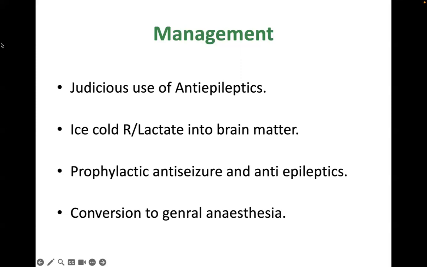Thank you. The management of anti-epileptics starts right from the preoperative period, where you have to assess what kind of seizure the patient is having, either generalized tonic-clonic, isolated, or absence seizure. The best treatment is to start anti-epileptics preoperatively. In the intraoperative phase, the treatment of an intraoperative seizure is to insufflate ice-cold Ringer's lactate onto the brain matter.